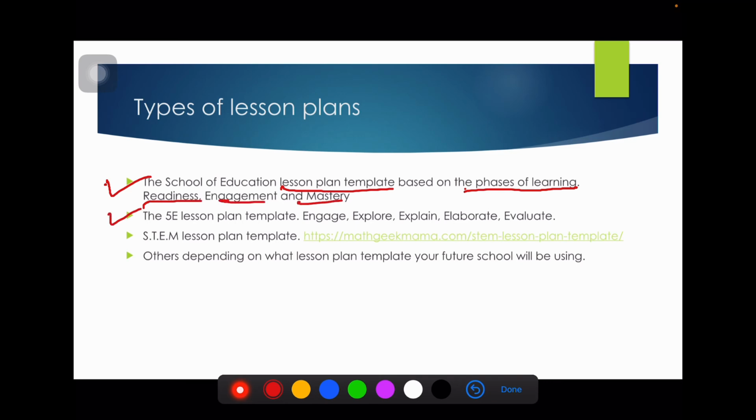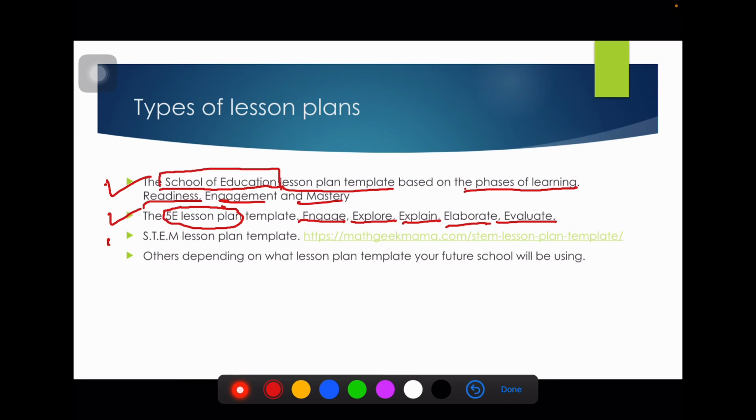Then we have the 5E lesson plan template. 5E stands for engage, explore, explain, elaborate, and evaluate. You might be learning about the 5E lesson plan in other modules, because in this module we only use the School of Education lesson plan.